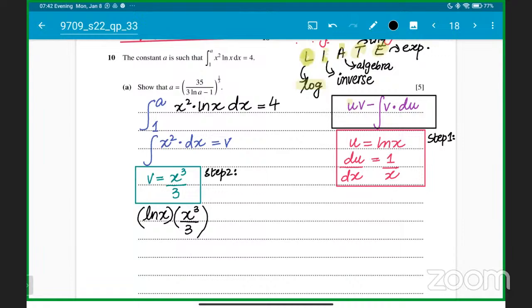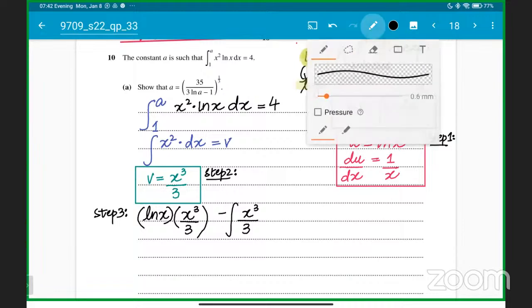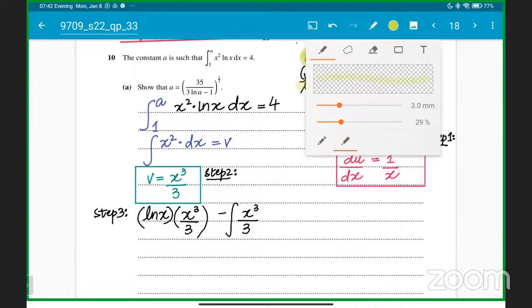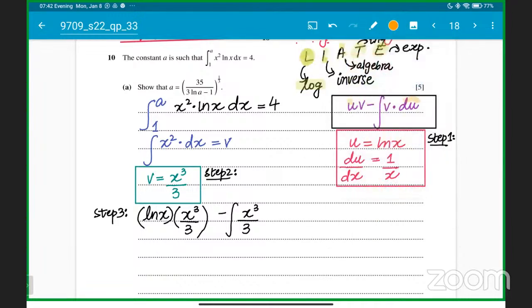Got it, everyone? Clear? And step number 3, with some more interesting steps: minus the integration of v. So you have to put again the integration of v, that is x cube divided by 3, students. But follow very carefully. Everyone has got it? I'm just putting in the formula. But what we need to understand, students, is that this is times du.